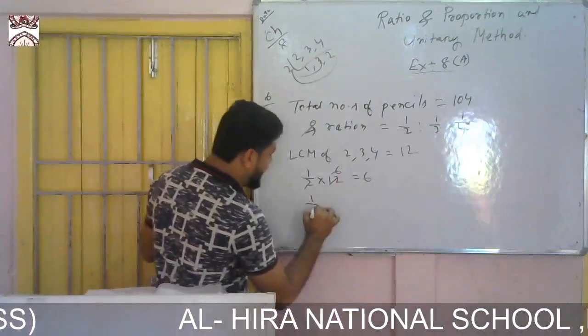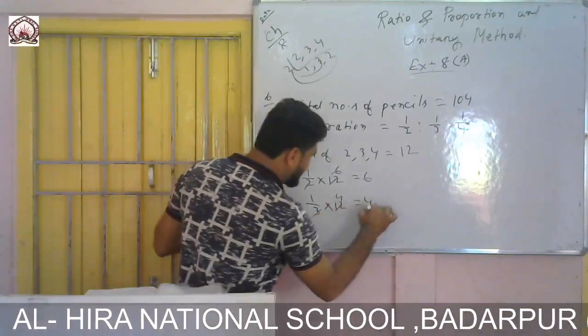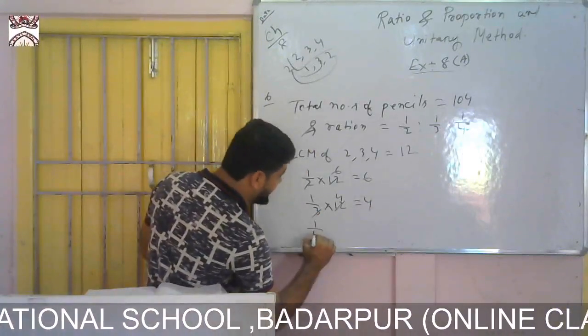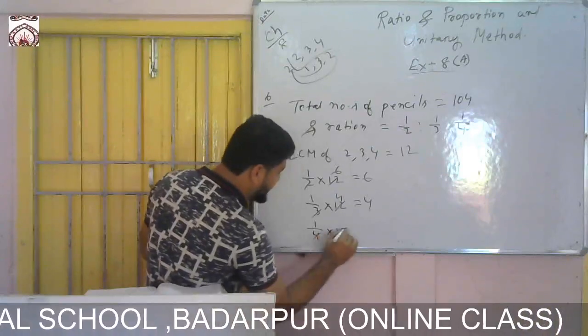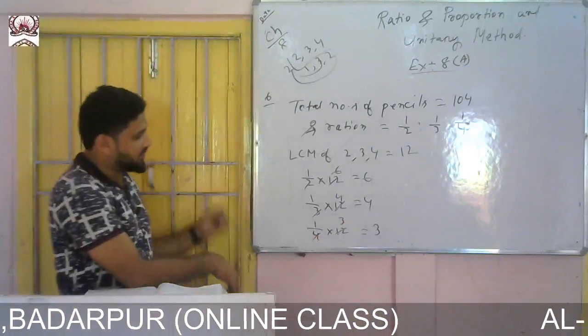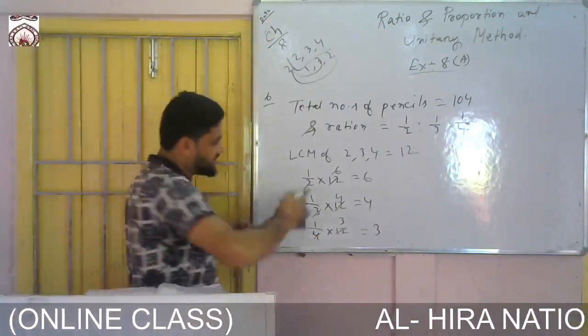Then 1 by 3 into 12 is 4. Then 1 by 4 into 12 is 3.